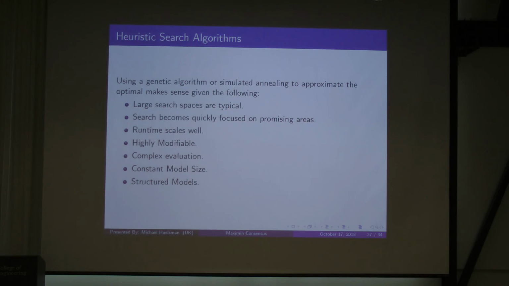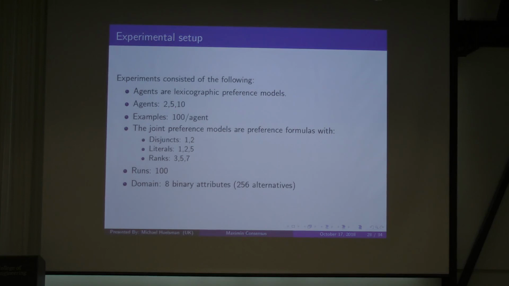And of course, that means that they're also pretty well structured, which means that mutating them, dealing with them, finding neighbors is a relatively efficient thing to do. And also, kind of the most important is that complex evaluation is very easy to do. Instead of having to do a whole bunch of math and specific calculations for the fact that we're using maximin and this might change that, might change this, we can just tell it, go ahead and just evaluate it, and then we can score you based on that. So, getting into our experiment.